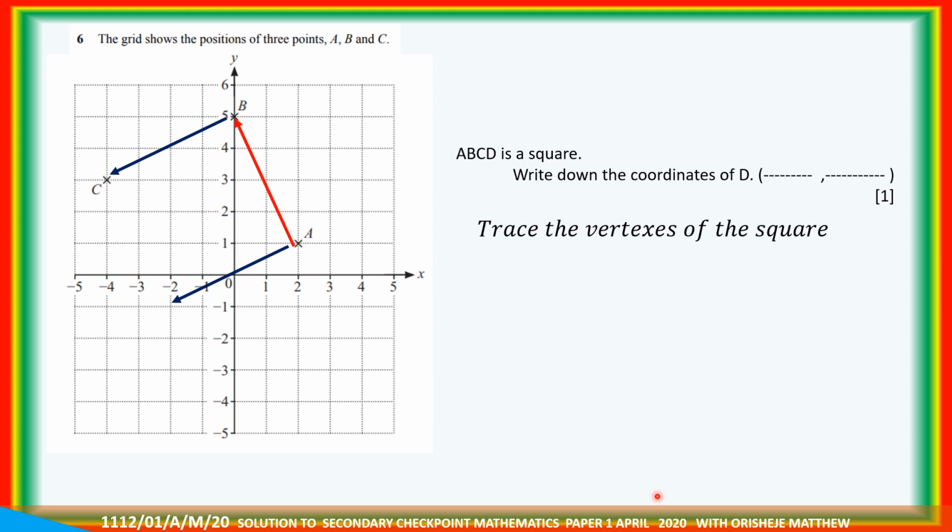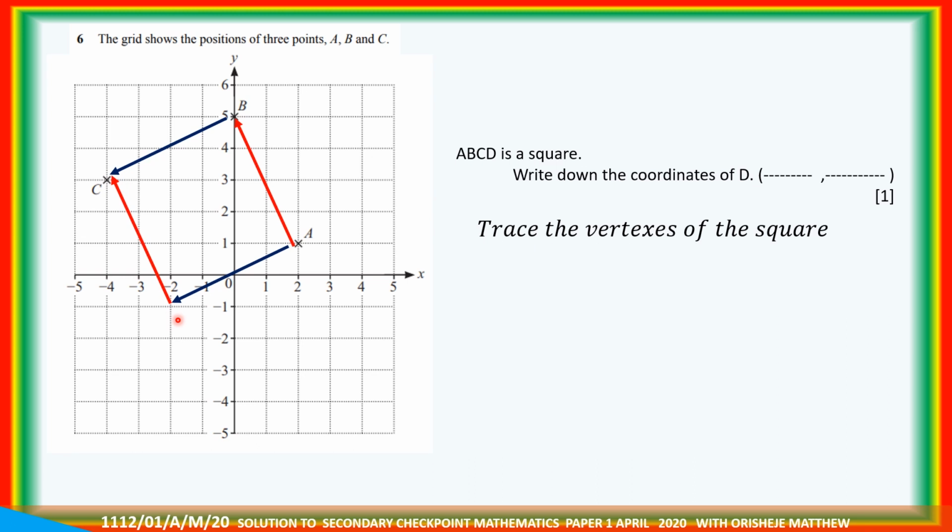So the distance between B and C is equal to the distance between A and D. So complete it, and that gives us points.